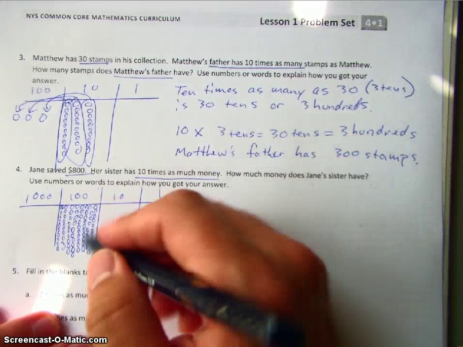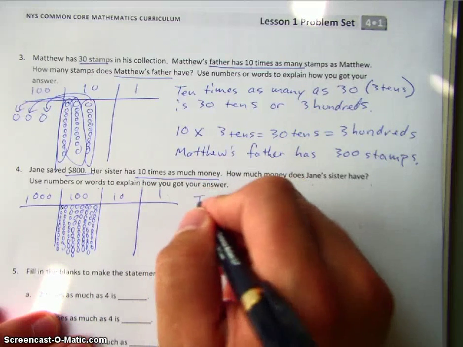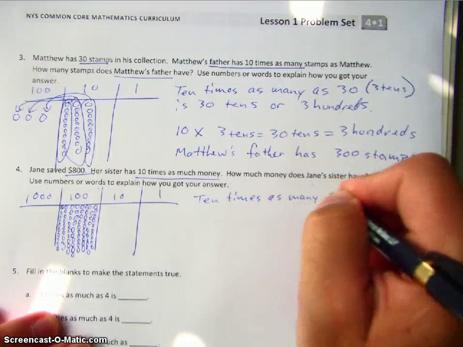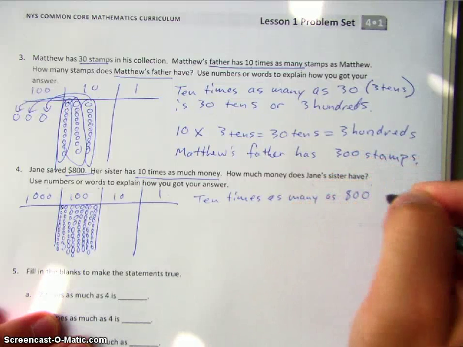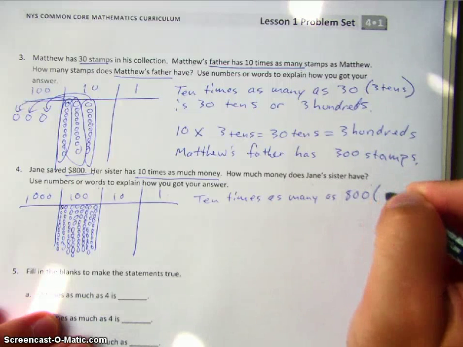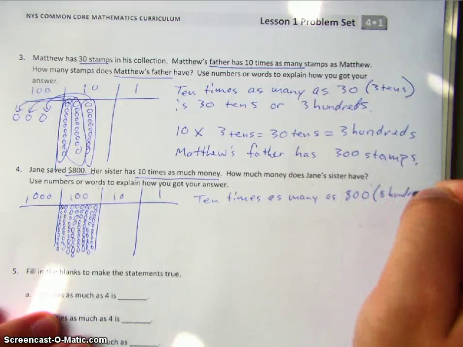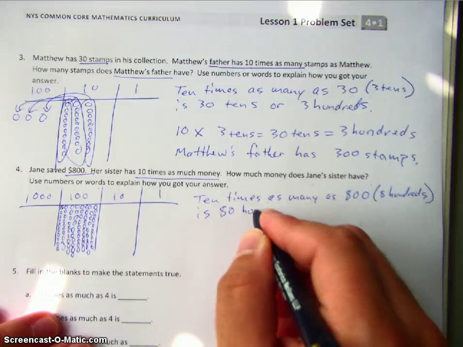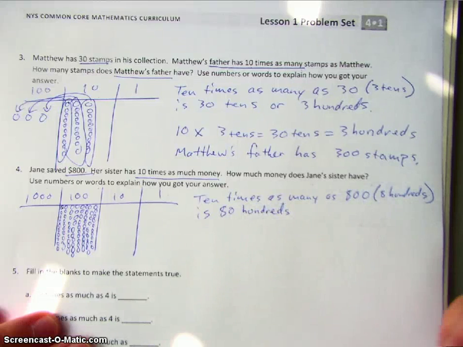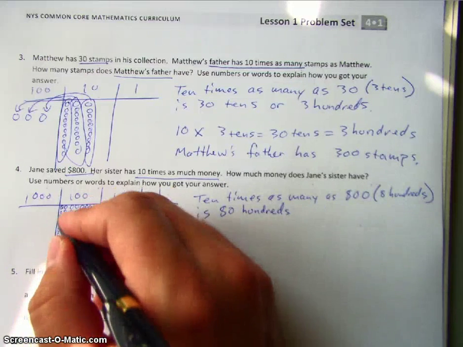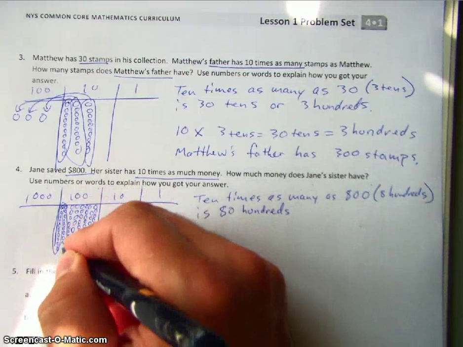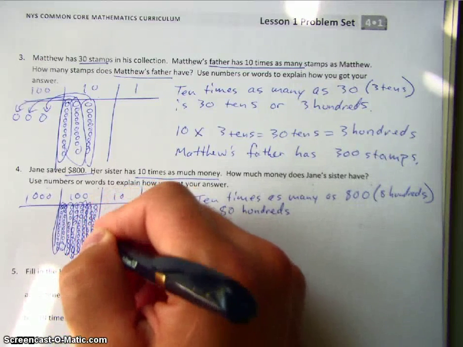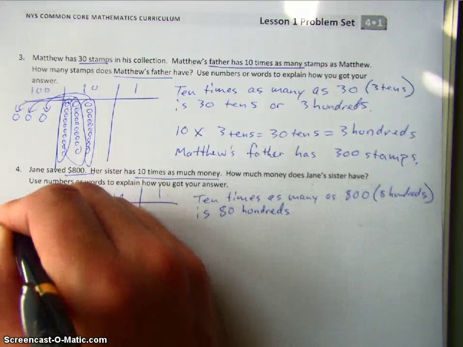So what we have now is 10 times as many as 800, or 800s, is 80 hundreds. We just did 10 times 800. Now we're going to make our bundles and bring them over.